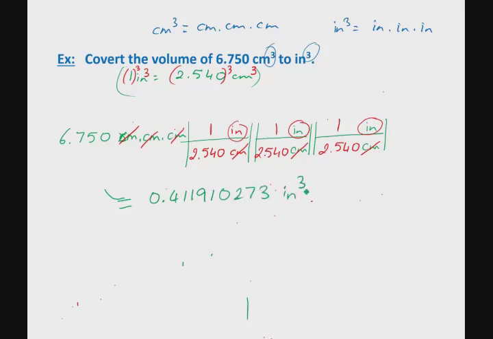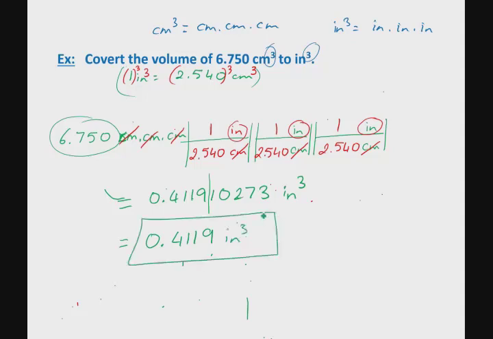How many significant figures must this answer be given in? You go back to the original data. The original data is in 4 significant figures, so you must round this to 4 significant figures as well. The final answer, therefore, is 0.4119 inch cube in 4 significant figures.